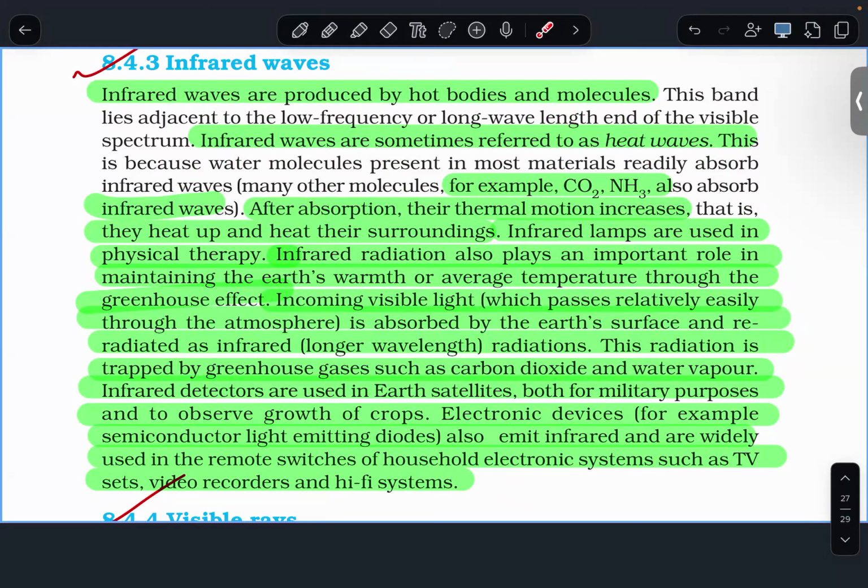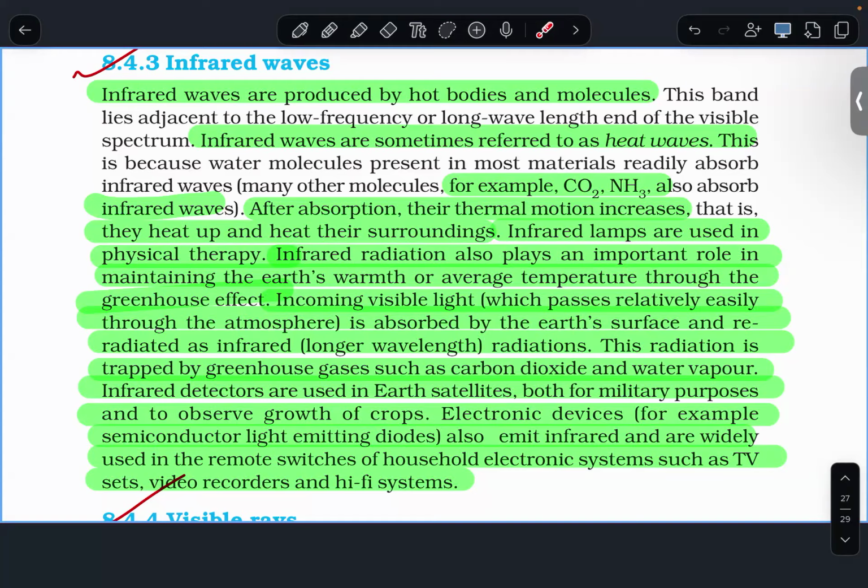If you miss one, you lose the whole thing, so be careful and study. Infrared waves are produced by hot bodies and molecules. We are also a source of infrared. This is next to the low frequency or long wavelength end of the visible spectrum. They are also called heat waves.